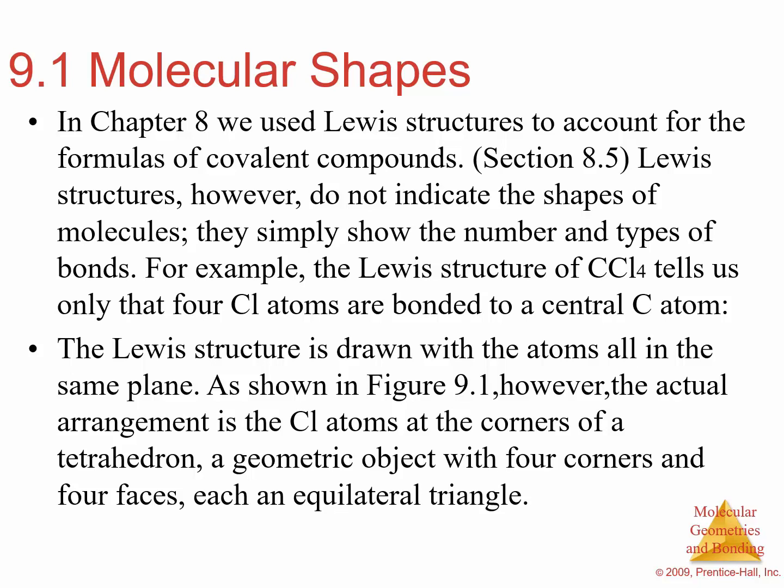Now, the Lewis structure is drawn with the atoms all in the same plane, as shown in Figure 9.1. However, the actual arrangement is the Cl atoms at the corners of a tetrahedron, a geometric object with 4 corners and 4 faces, each an equilateral triangle.